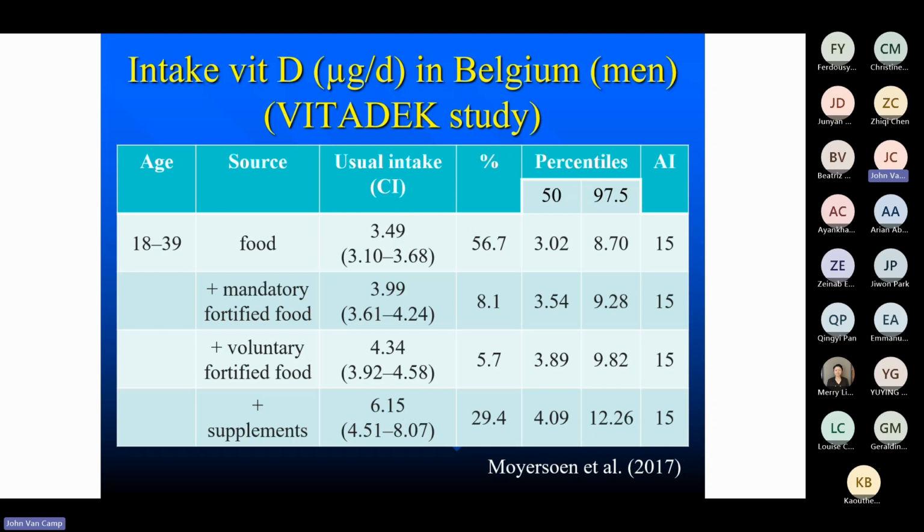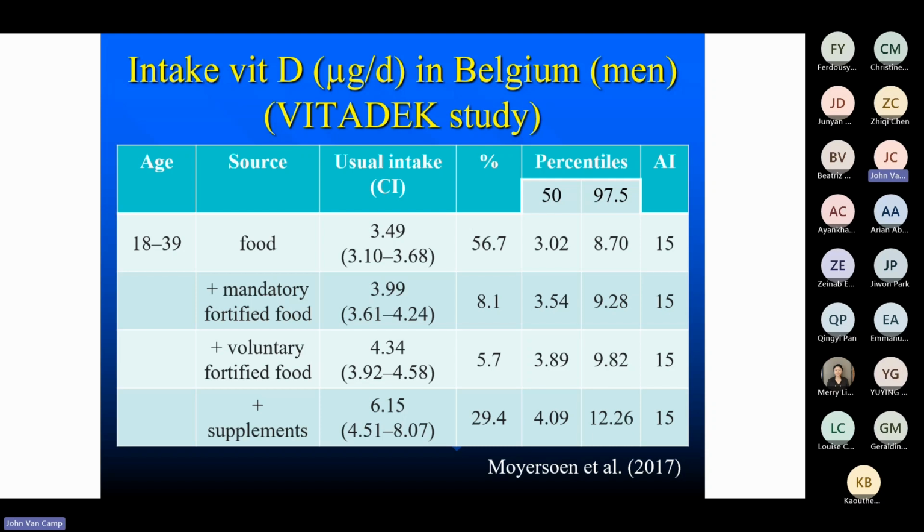Usually it's fluctuating between 10 and 15 micrograms per day for our country. So it actually means that even if we have all 4 interventions there, it's still not enough to meet the current recommendation. So in other words, we could say that vitamin D stays a little bit a problem nutrient in our country today.